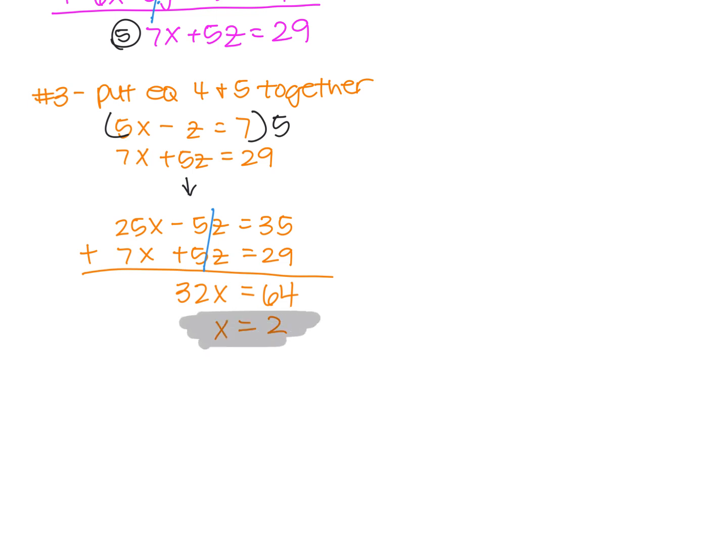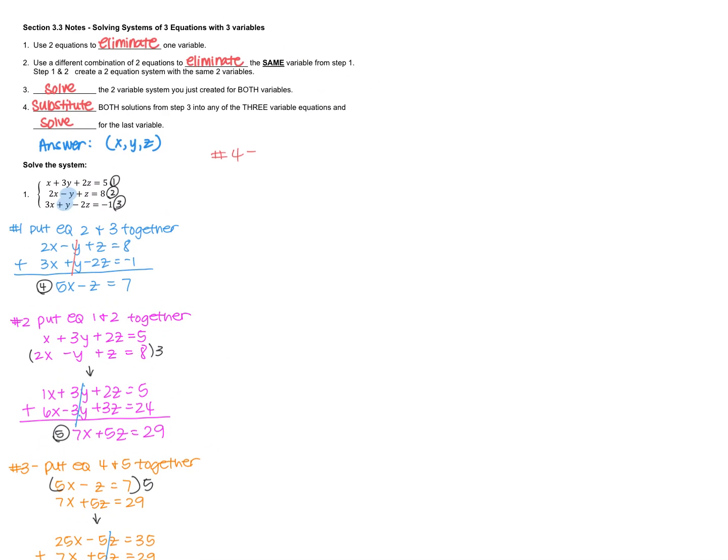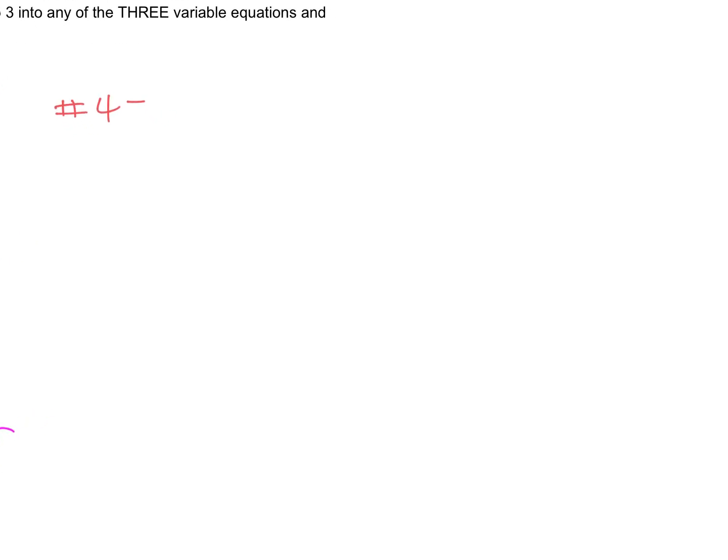You plug the x back into 4 or 5 equations instead of. Okay, so we found x. Step number 4 is going to be to plug x in to either equation 4 or 5 to find z, right.